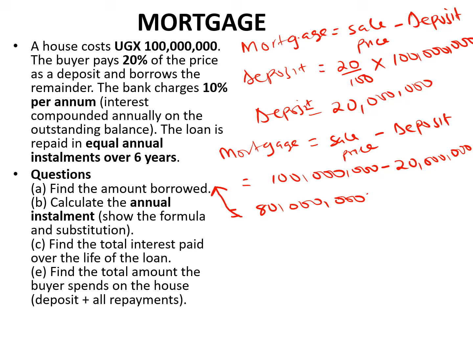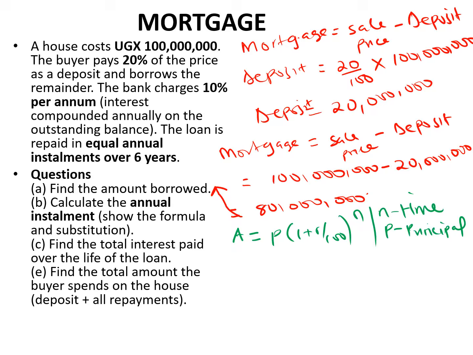First we say that they are saying compound interest per annum and for 6 years. So here you are all aware that amount under compound interest is equal to P into 1 plus R out of 100, then power N. Here N is the time given, and P is the principal. Principal is the amount of money lent out, borrowed, or invested. And then here our rate is 10%.